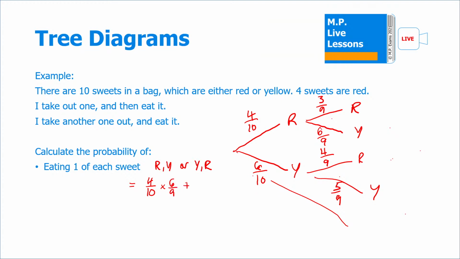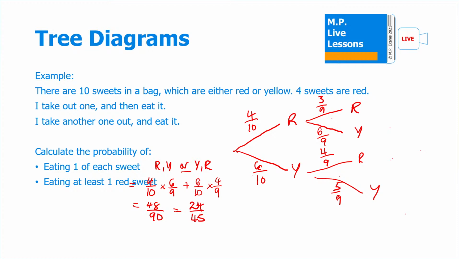And then when you're combining events like this, like an OR, you'll add them together. And then a yellow then red, 6 over 10 times 4 over 9. This eventually gets us 48 over 90, 24 out of 45.